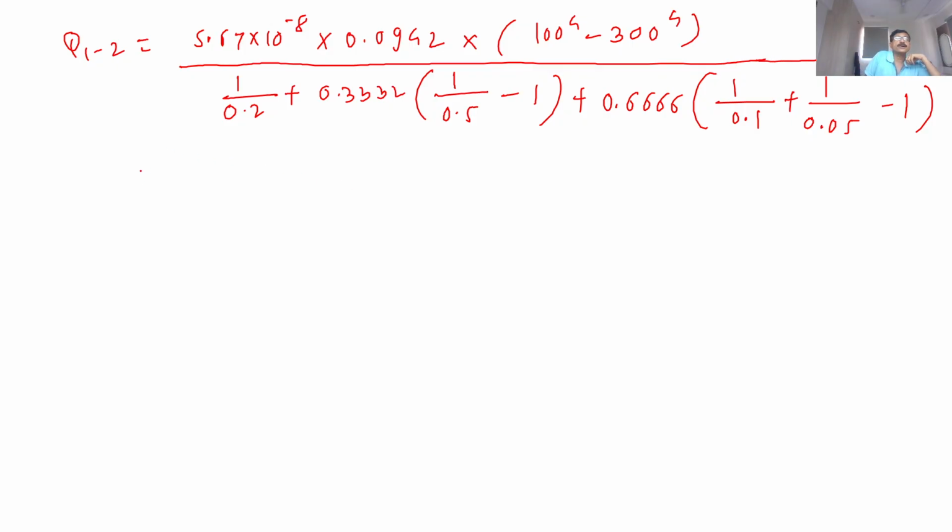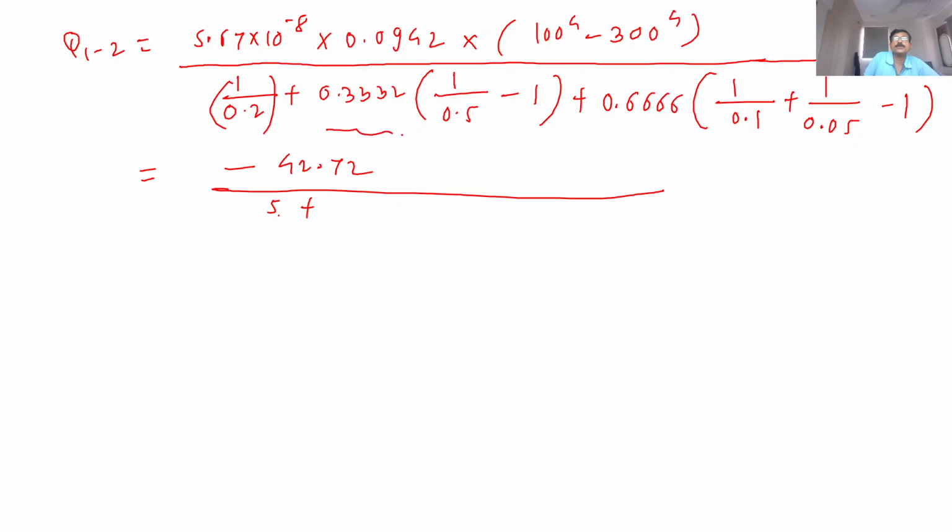The numerator comes around minus 42.72. In the denominator, 1 by 0.2 is 5, the second term is 0.3332, and the third term comes around plus 19.33.